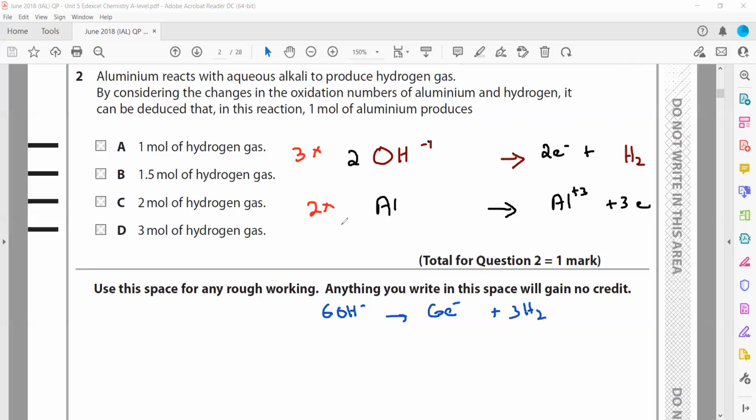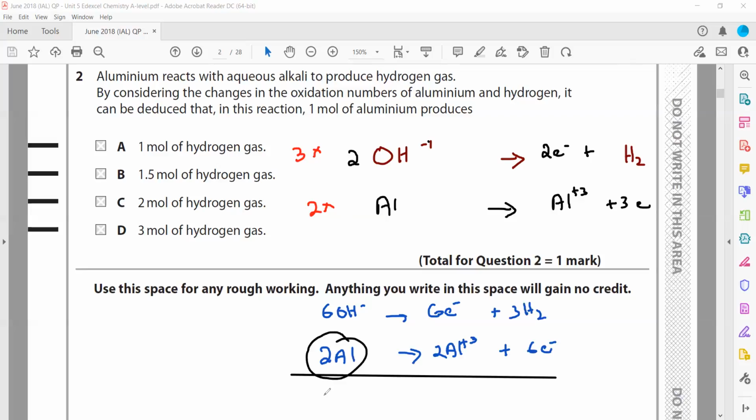And for the second equation, there are 2 aluminum turning into 2 aluminum ions plus 6 electrons. Now we combine the 2 equations with each other, because we need the ratio between aluminum and hydrogen. If there are 2 aluminum, how many hydrogen will be there? 3.